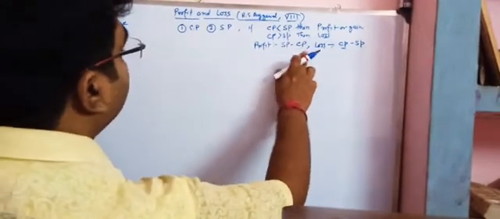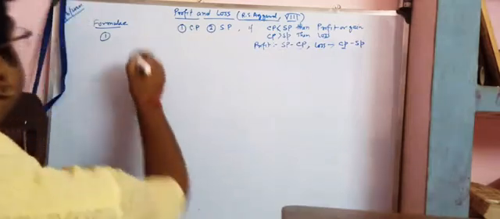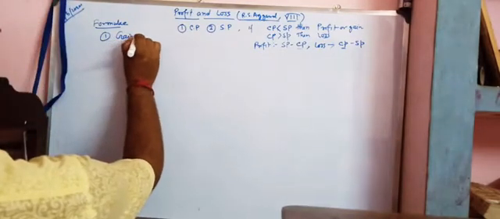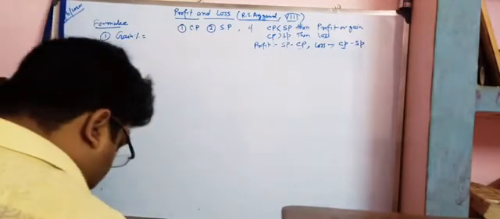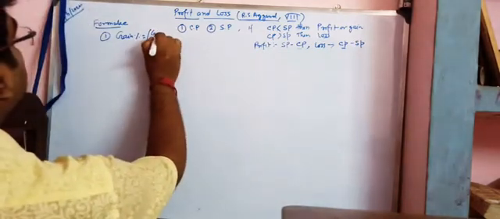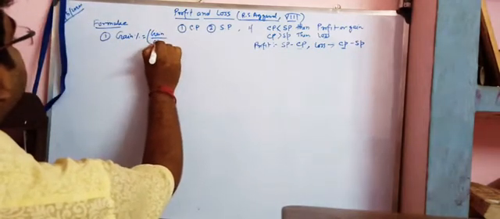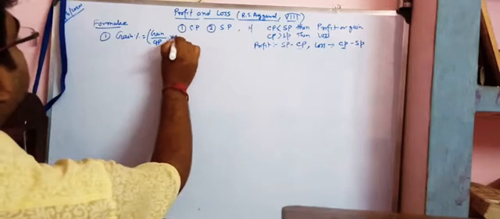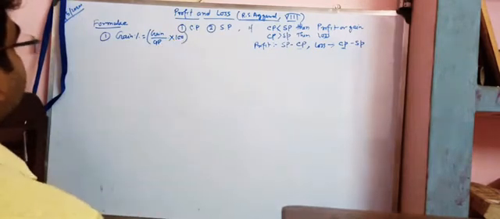This I have written already. Next, gain percent. Gain percent is equal to gain by CP into 100. This is my gain percent. Okay.